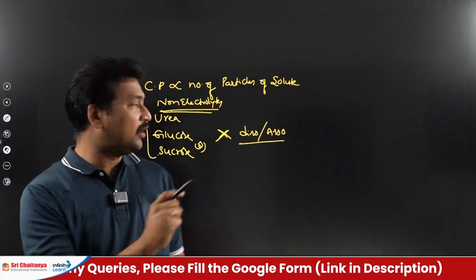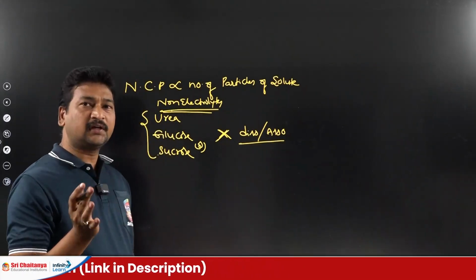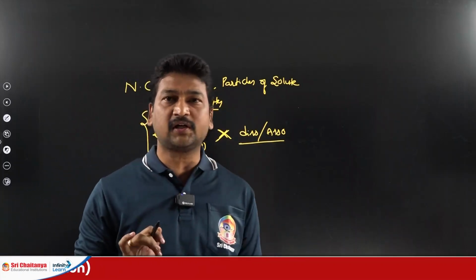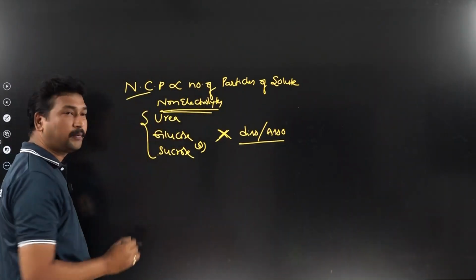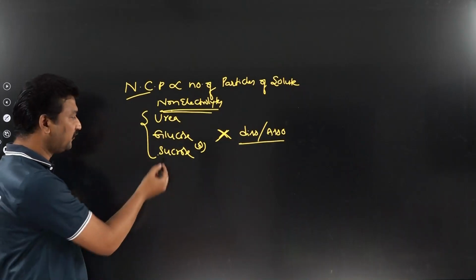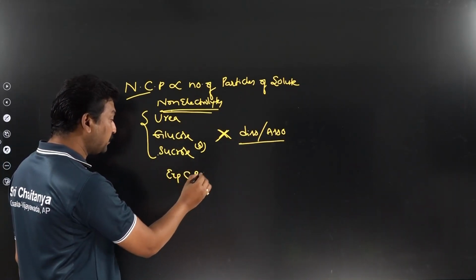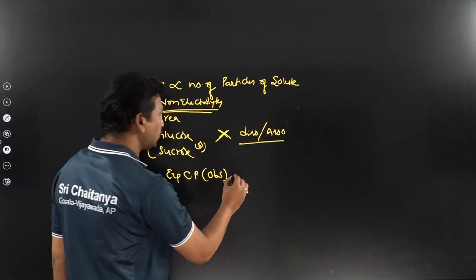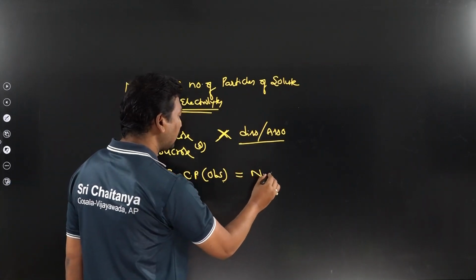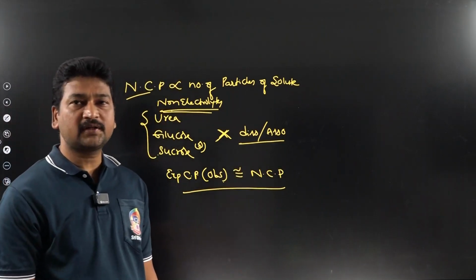If the solute is non-electrolytic, non-volatile and doesn't undergo dissociation or association, then the normal value and the experimental value of the colligative property will both be the same.